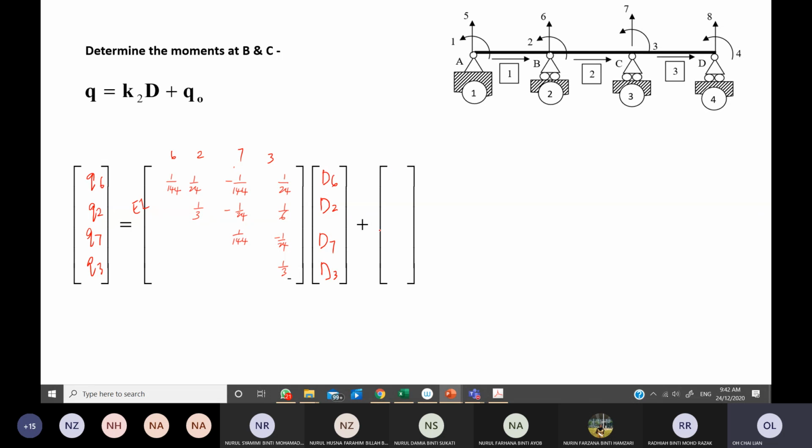Let us have a look at our Q naughts info.